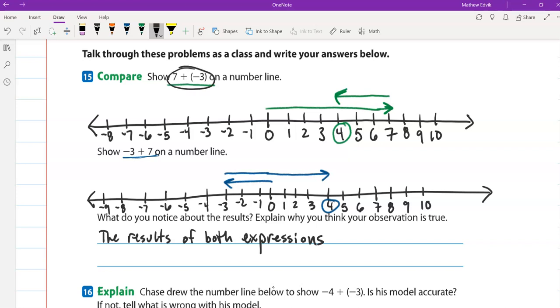This is an expression. 7 plus negative 3 is an expression, and negative 3 plus 7 is also an expression. And I'm going to write the result of both expressions is positive 4.